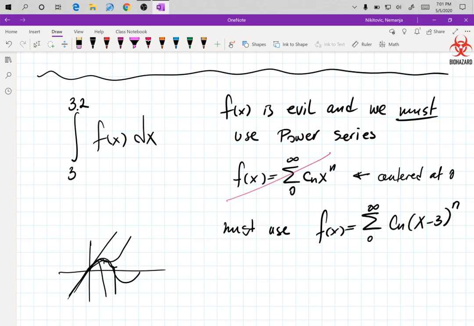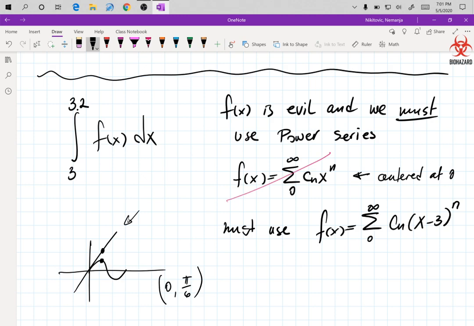Centered at 0, it was only good from, let's say, 0 to pi over 6. Any calculation that you do after that, your y value here and your y value here are really far apart. So you cannot use it that far away.